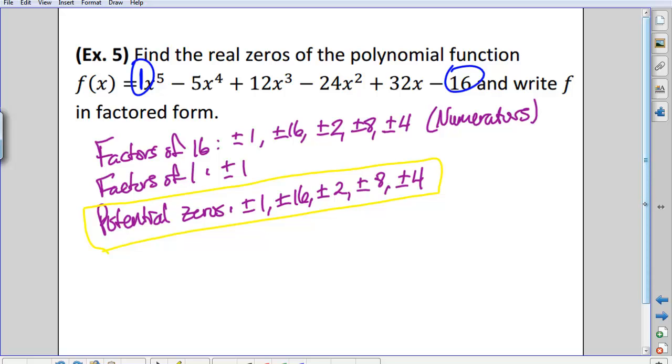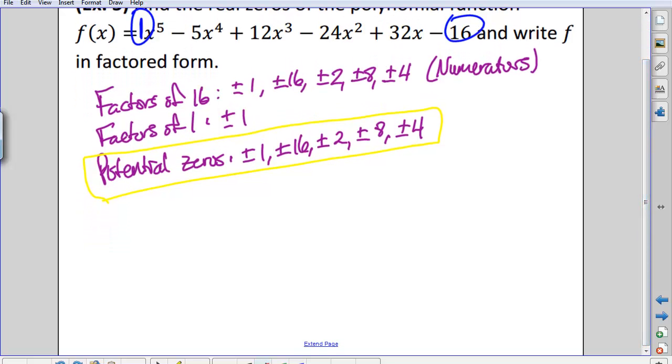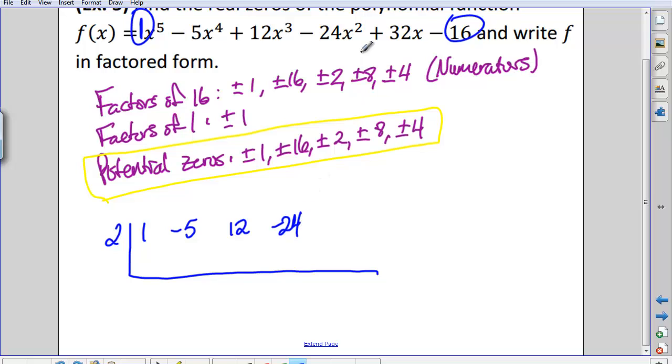Now that's very important for what we're going to do next. To show why, let's do our synthetic division with 2. Starting with x to the 5th, that's 1x to the 5th minus 5x to the 4th plus 12x cubed minus 24x squared plus 32x minus 16.